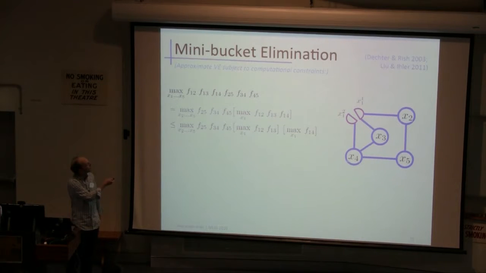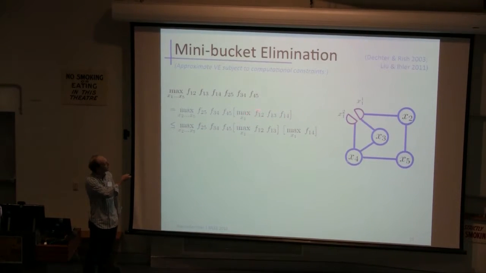So here, for example, I'm supposed to eliminate over x1, creating a function over 2, 3, and 4. But I've decided that that function is too large for me to create. So instead, I'm going to think about partitioning this group of factors up and then eliminating within them separately. So this factor over 1 and 2, 1 and 3, and 1 and 4 all involve x1.